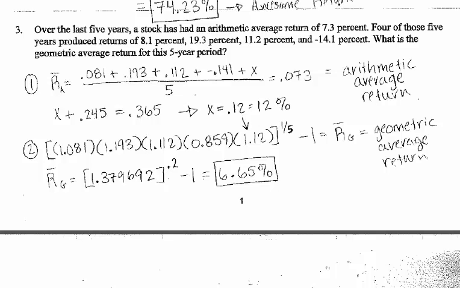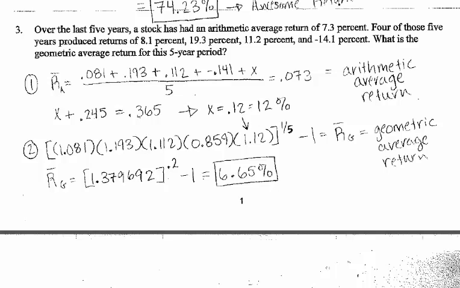So, first thing we're going to do in step 1 is very much like we did in step 1 on problem 1, where we're going to have to solve for x, right? X is in the numerator, it's one of the 5 values. So you're going to use the exact same algebra that we did up there. So if you're confused, go back up and look at step 1 of problem 1, and you're going to get 12%.